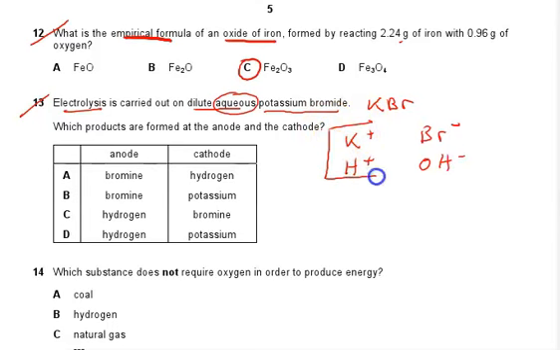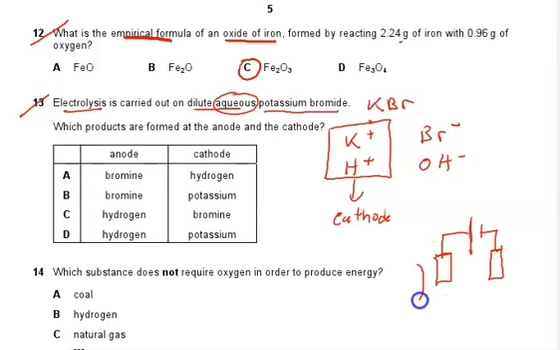Since it is a positive ion, it will be attracted to the cathode, which is the negative side. So please remember this. You will have 2 electrodes, and here will be the water, the electrolyte, and here will be the positive charge and here will be the negative charge.